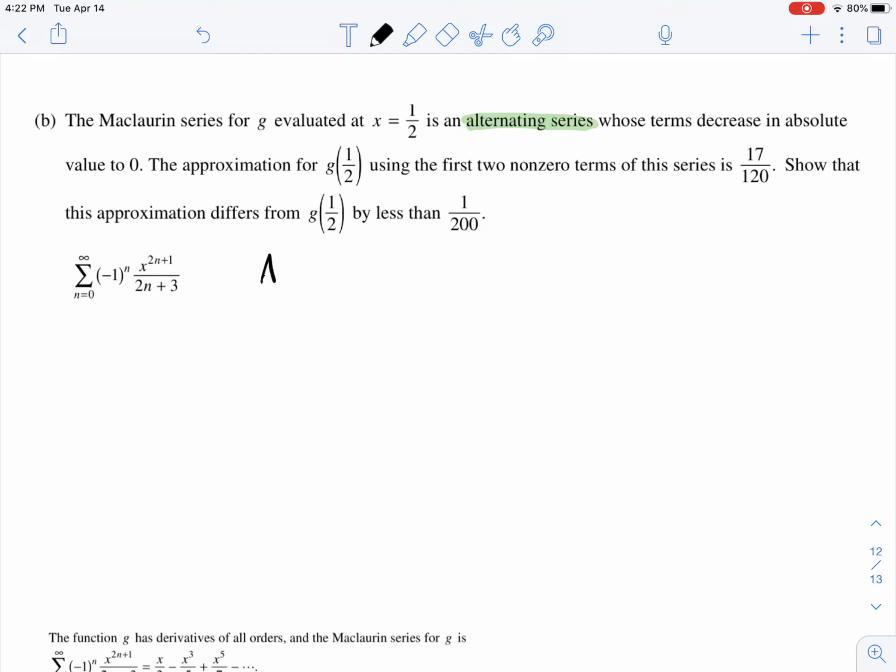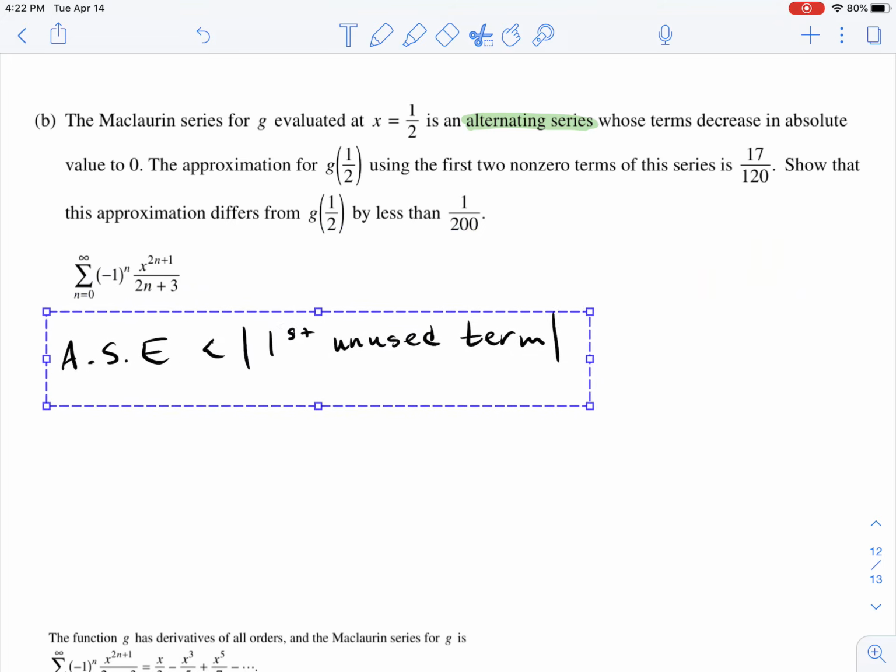To again review what the alternating series error says, it says our error is always going to be less than the absolute value of the first unused term. So we're actually going to need to find the first unused term here.